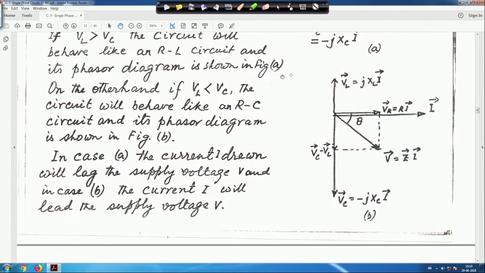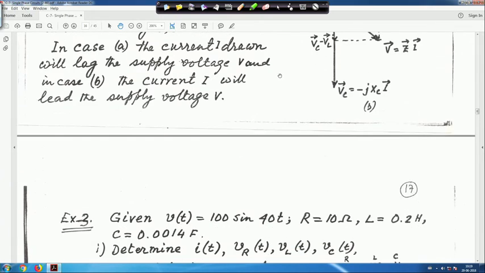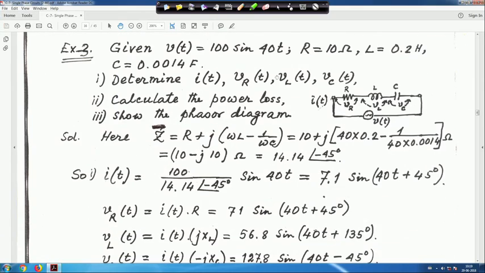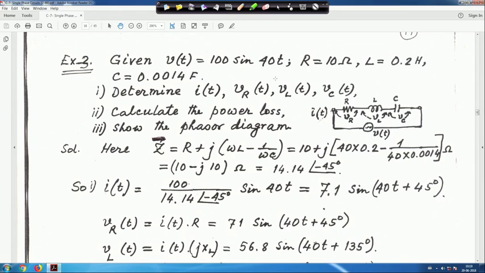With this, let us take this example. Vt is given as 100 sin 40t, that means 100 sin omega t, so omega is equal to 40 radian per second, and R is equal to 10 ohm, L is equal to 0.2 Henry, and the capacitor is given as C equal to 0.0014 farad.